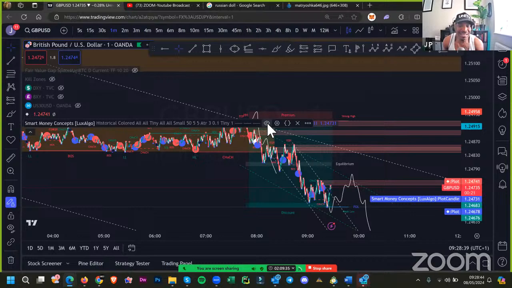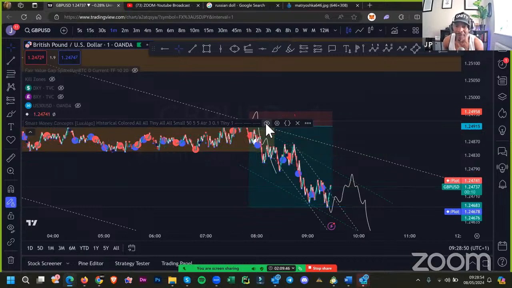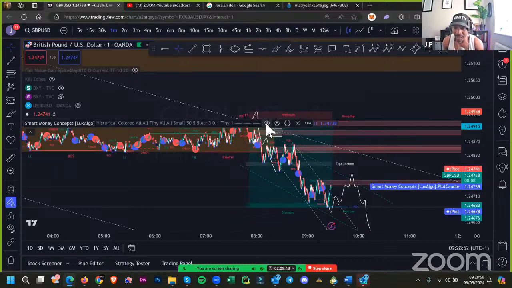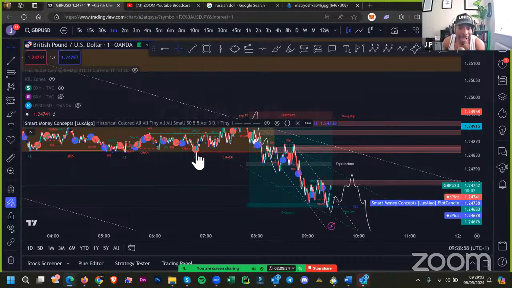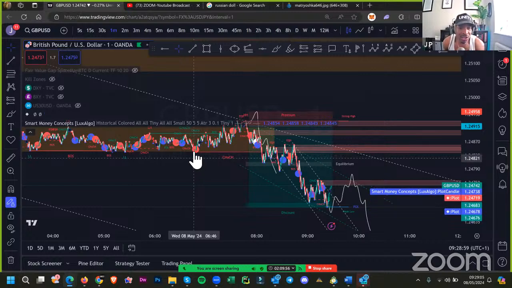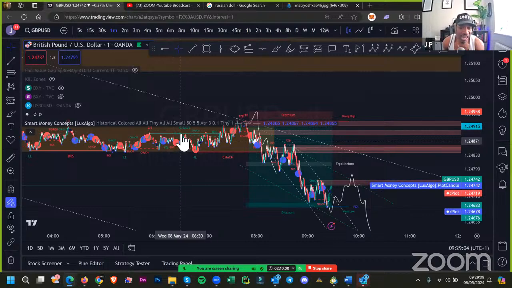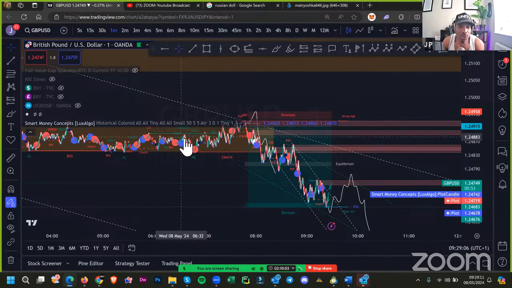there are indicators here, like smart money concepts. Let's use this as an example. This is supposedly some indicator that somebody's created, because anybody can create an indicator. I can create an indicator for my strategy, don't get it twisted. Especially right now with ChatGPT, I can do it in probably about 15 minutes. It's showing you highs, lows, lower lows and lower highs, change of character, all these things.